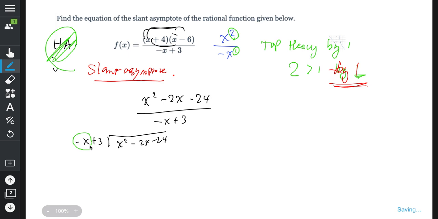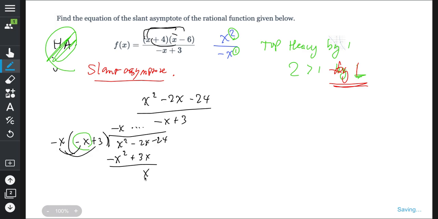Negative x multiplies to what to get x squared? I think we're going to want negative x. So this is the beginnings of our answer. Negative x times negative x is positive x squared, but this distributes, so we're getting negative 3x. And then let's change the signs and add down.